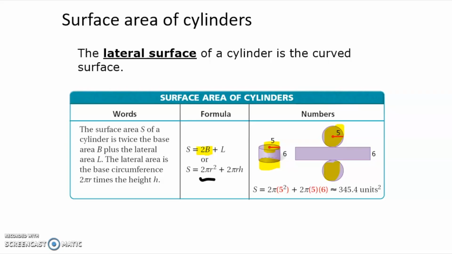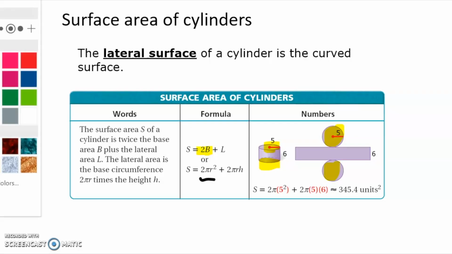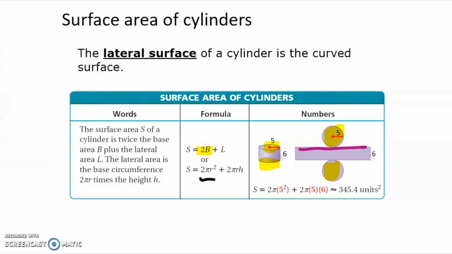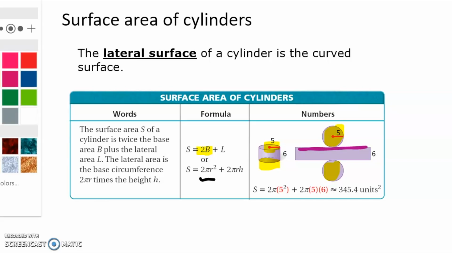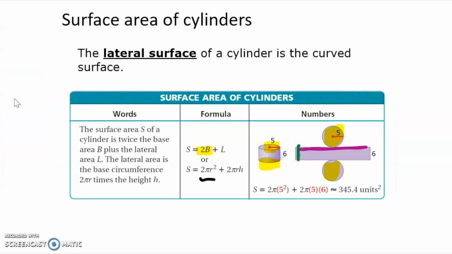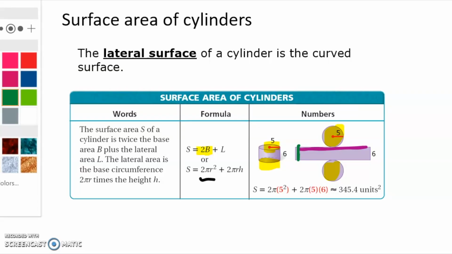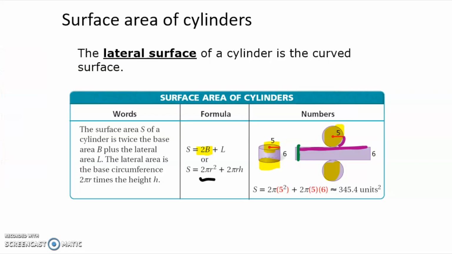Now, where this gets a little trickier is the lateral area. The lateral area would be, again, the length of the center rectangle, so that purple distance, times the width of the rectangle. Now, that purple distance actually is the distance that would wrap around our circle.